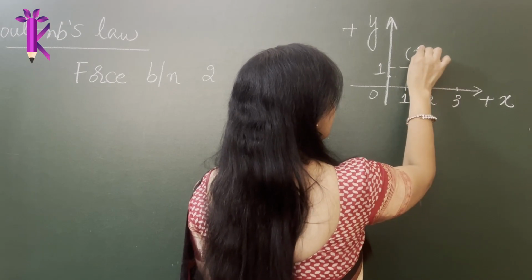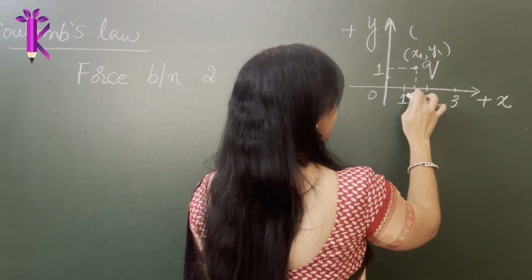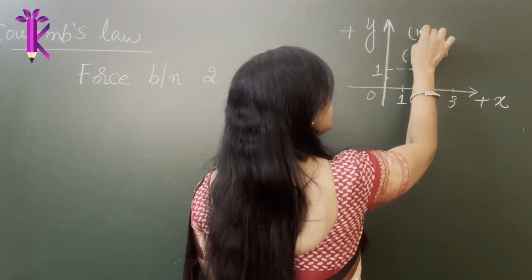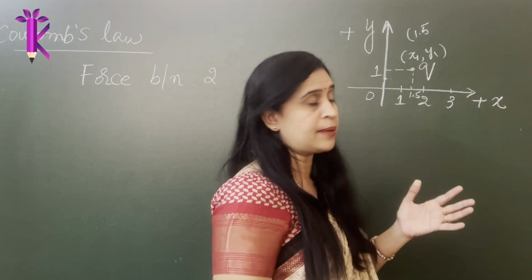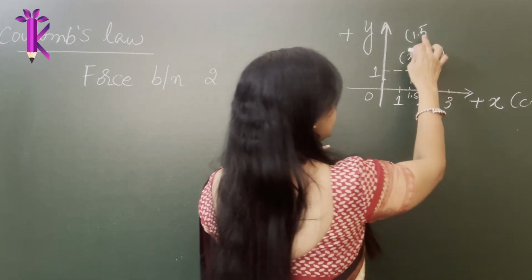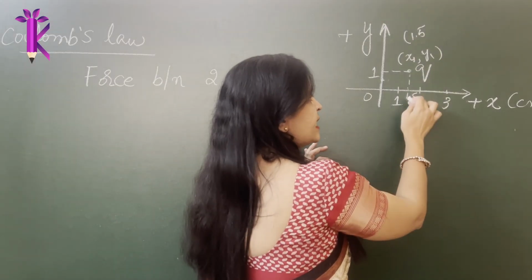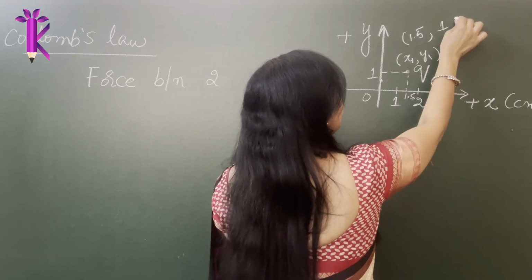So what will be the position of this? What is the value of x1 comma y1? The value of x is 1.5. If this is in centimeter scale, then it is situated 1.5 centimeters along the x-axis and 1 centimeter along the y-axis.